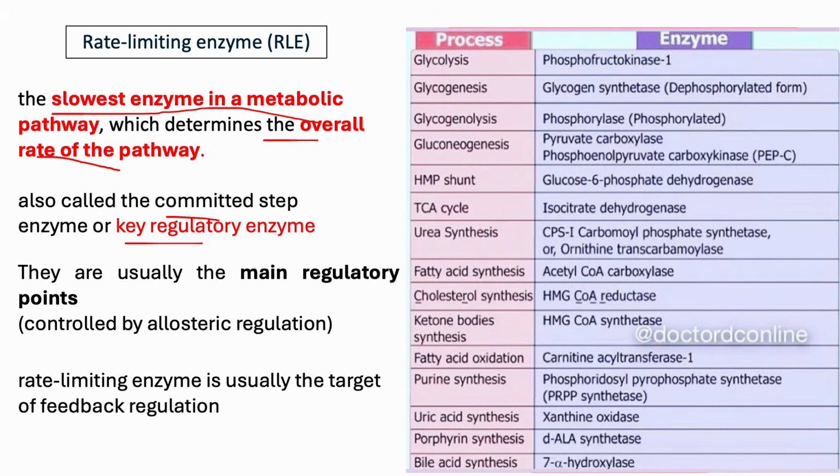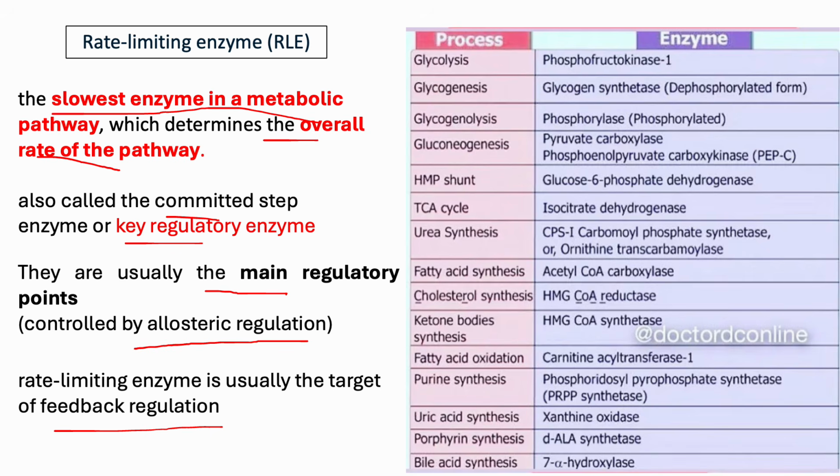These are the other names, because they are usually the main regulatory point. As I told earlier, they will be the slowest enzyme in any metabolic pathway, and they are the main regulatory points. That means they are controlled by allosteric regulation, and most of the time rate limiting enzymes are the target of feedback regulation. I will talk about feedback regulation in detail in the next slide.